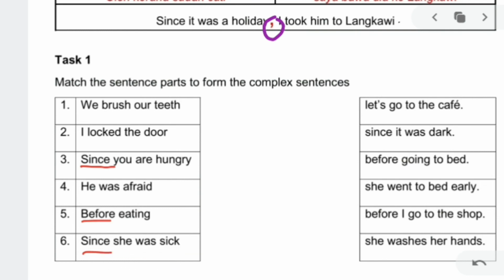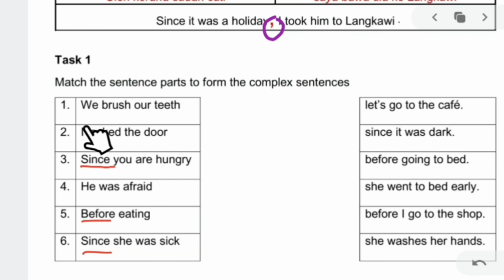Oleh kerana dia sakit. For this part, let's go to the cafe. Jom kita ke cafe. Since it was dark. Oleh kerana ia gelap. Before going to bed. Sebelum masuk tidur. She went to bed early. Dia tidur awal. Before I go to the shop. Sebelum saya pergi ke kedai. She washes her hands. Dia mencuci tangan.